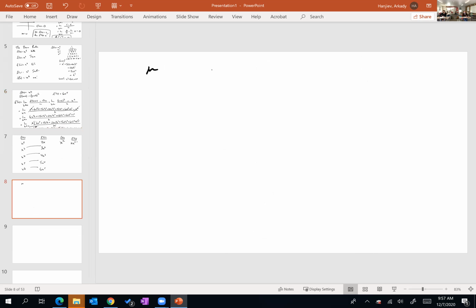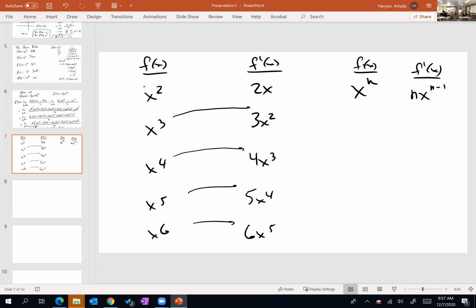So now let's do some. Wait, can you go back to the one before really quick? Sure, this one. So let's write it out as if f of x is equal to x to the n, then f prime of x is equal to nx to the n minus 1.